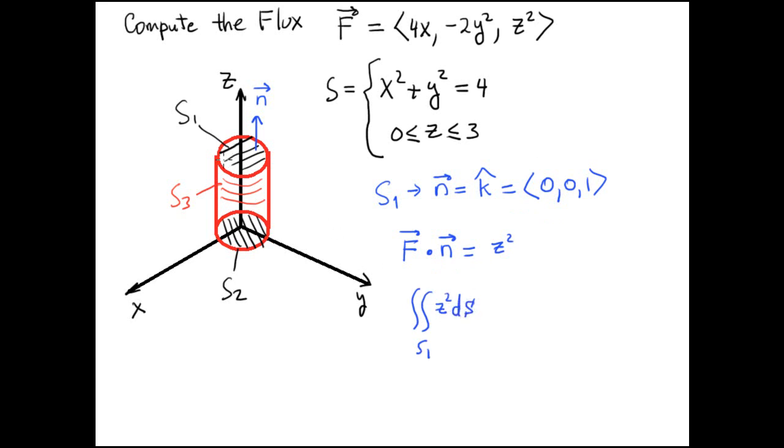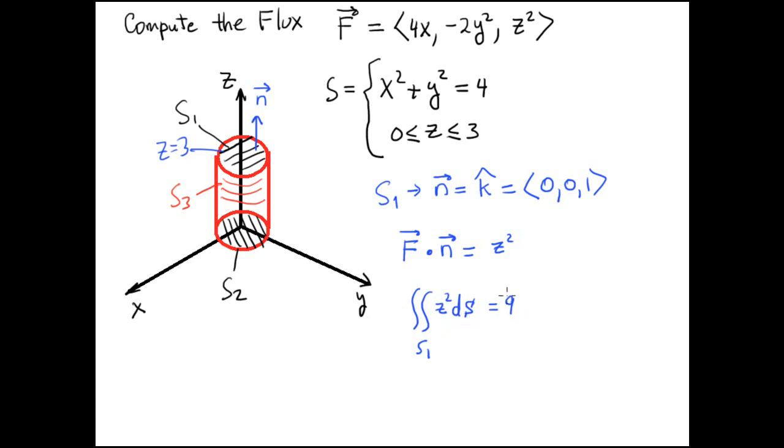But in surface 1, z is a constant, 3, and 3 squared is 9. So 9 is a constant, and actually we have the surface, that is the area.